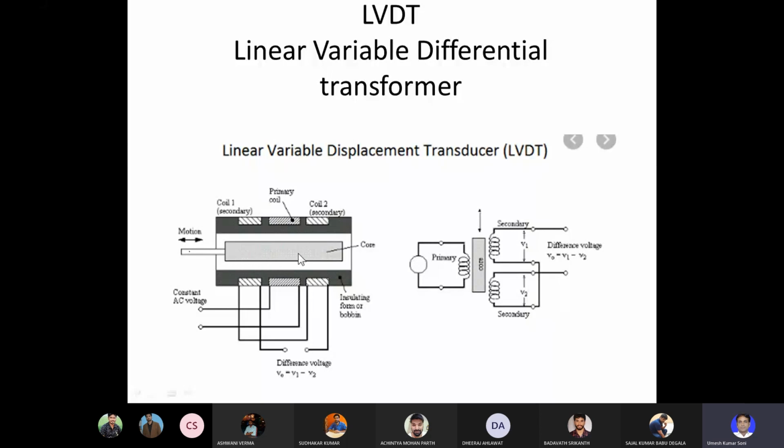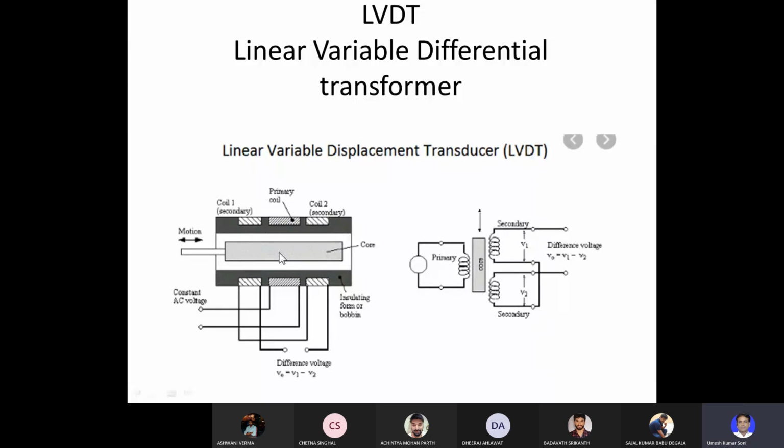This is a movable core, and the magnetic permeability between the primary coil and coil 1, and the permeability between the primary coil and coil 2, can be changed by shifting the core of this linear variable differential transformer.